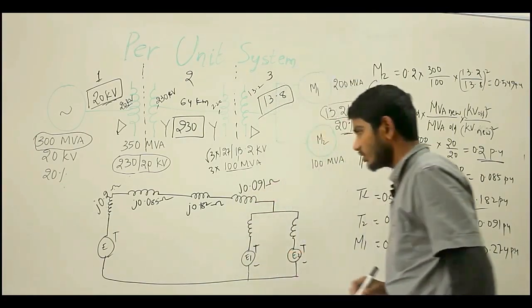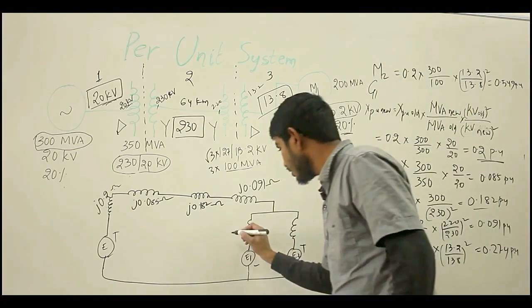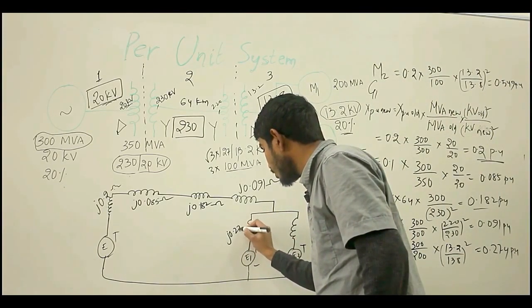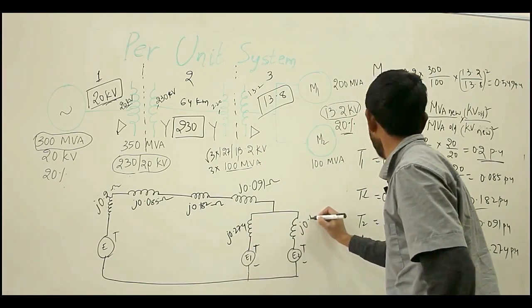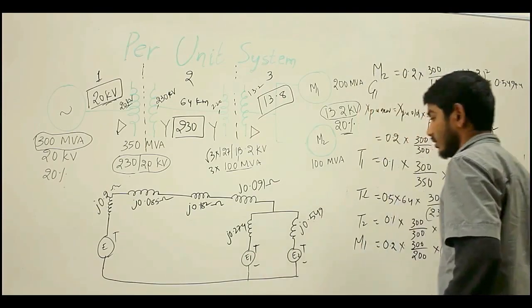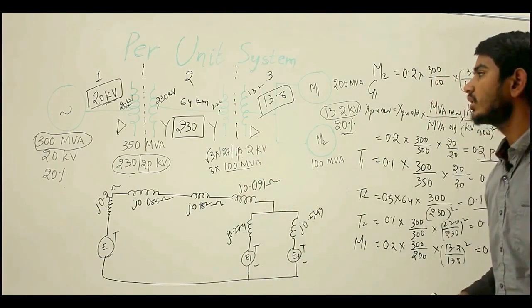These are all the per unit values, and for motor M1 I am having J 0.274, and for the motor M2 J 0.549. These are the reactances of the given transmission diagram.